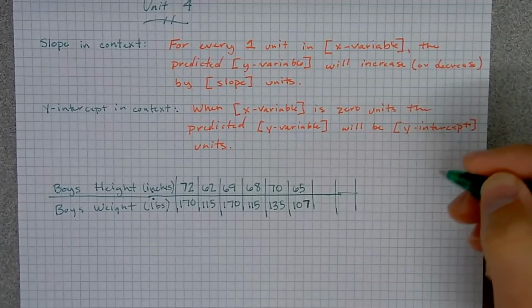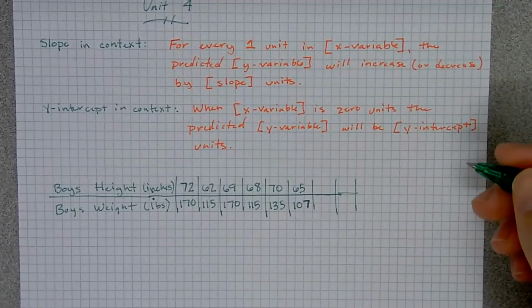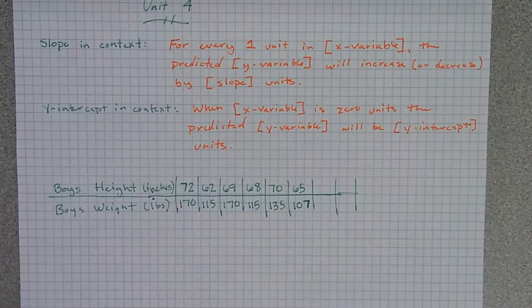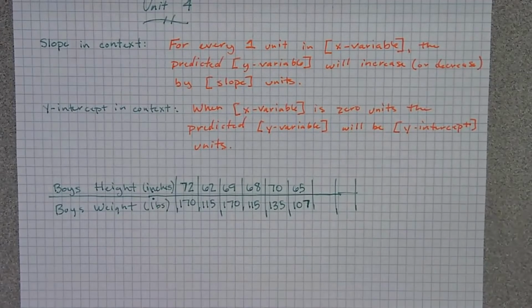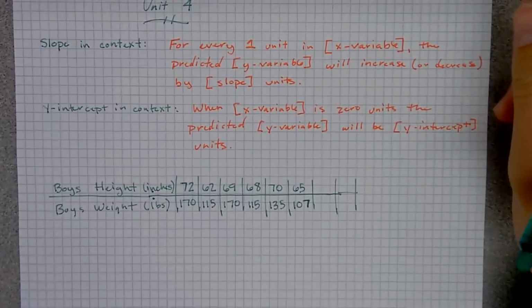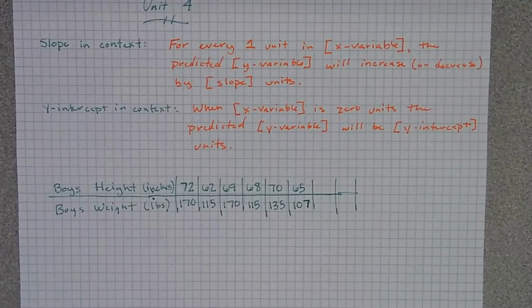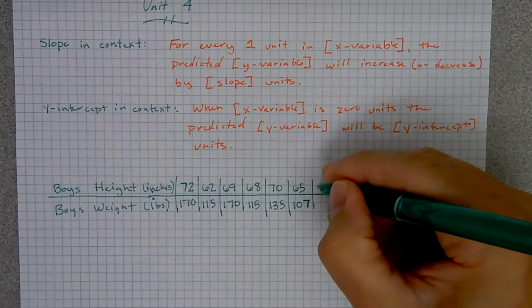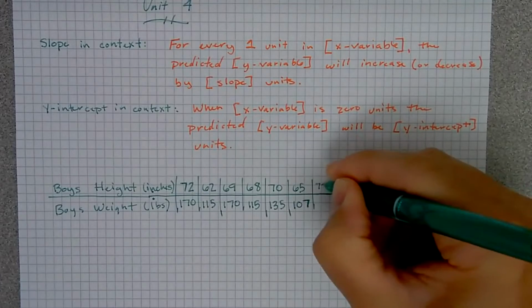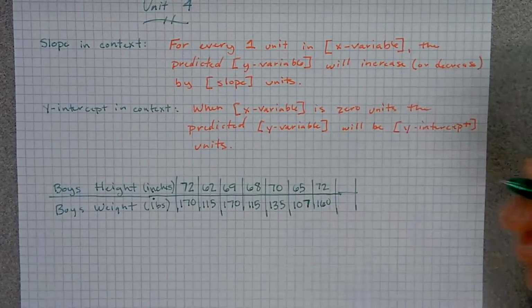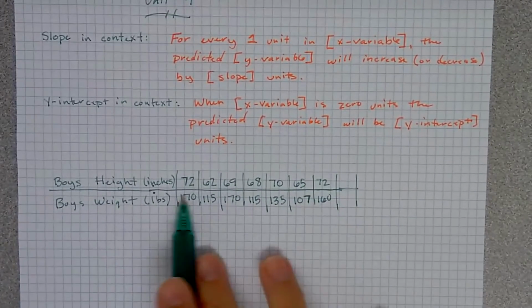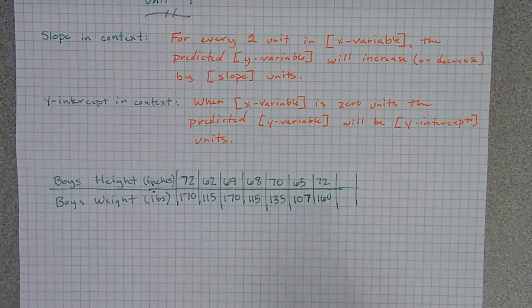We've got to get you a steak or something, buddy. Anybody else? Oh, we got one more. How tall are you? 6 foot, 160. All right, so we've got 1, 2, 3, 4, 5, 6, 7.